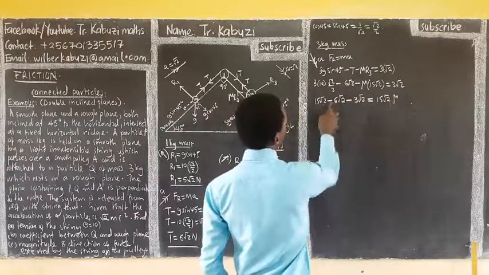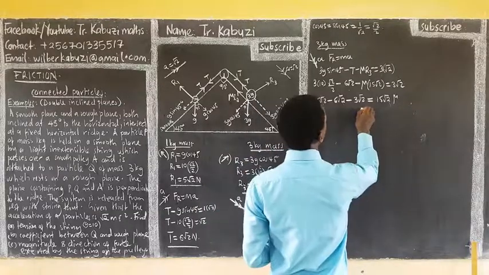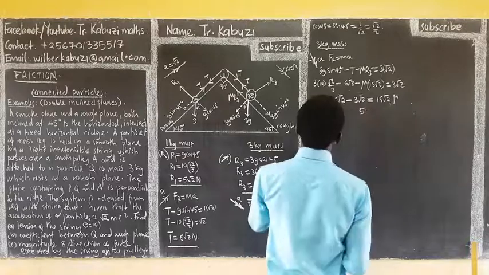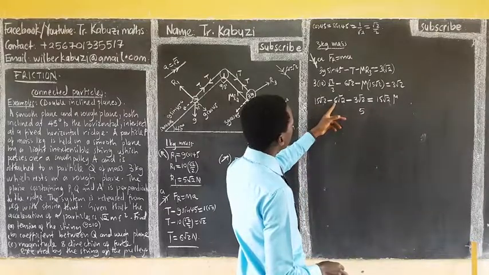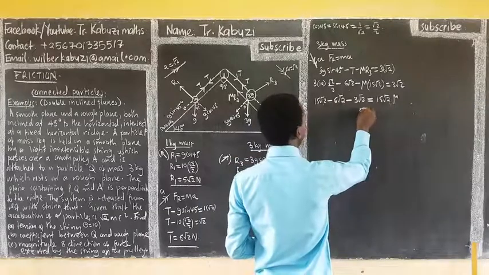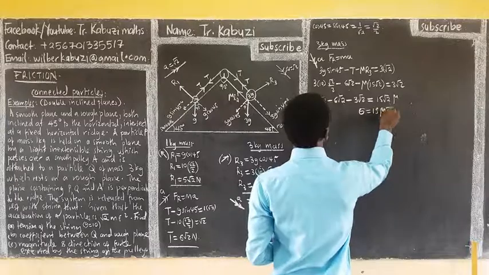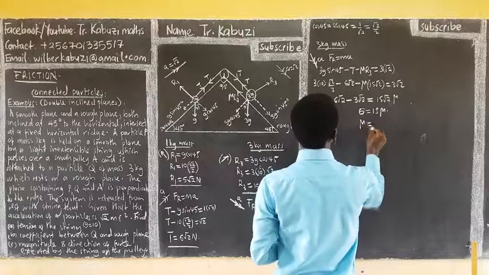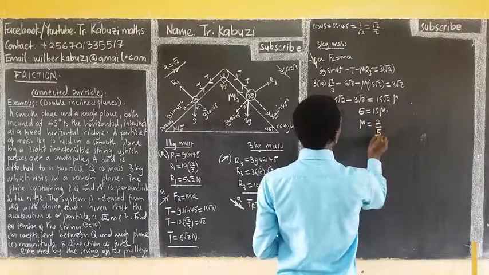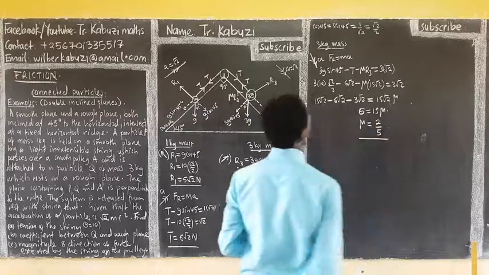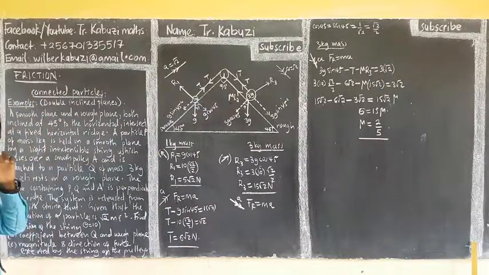So we have 15 minus 6, we get 9, minus 3, we get 6. So this is 6 equaling 15 mu. So our mu is going to be 2 over 5. That would be our mu. That's what we had to do there.